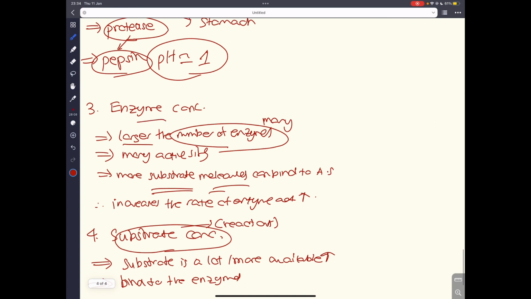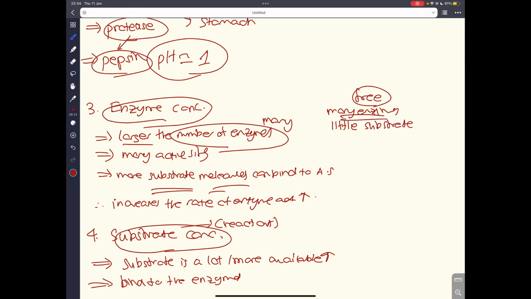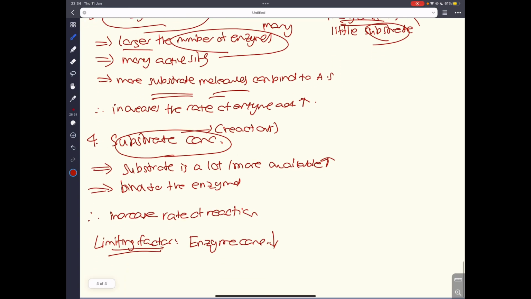Now similarly, the same goes for enzyme concentration. If there are many enzymes, but little substrate, that means there are free enzymes which are not working. The substrates are not binding to the enzymes. So this means the rate of reaction is actually decreasing, the same as with substrate concentration.